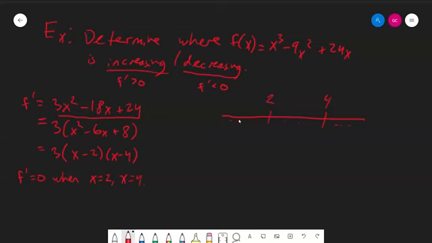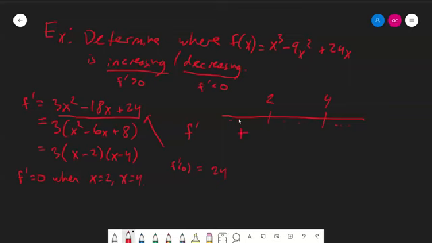So how do we know which it is? If I look at x values that are less than 2, you can either do this with a concrete value, or you can look at it more holistically. For example, I could take a value like 0, which is less than 2, and f prime of 0 ends up being 24, just plugging it into this expression. So I got a positive value.